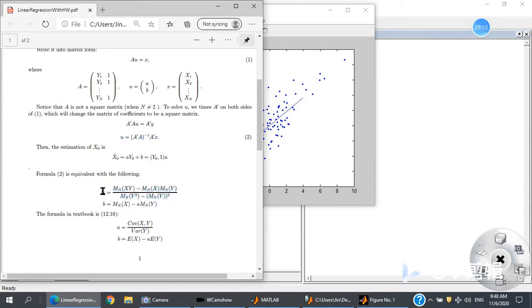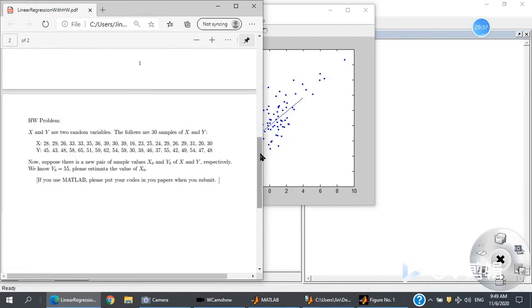Actually, this formula came from, I don't know how many years ago, maybe 100 years ago. That is a time when people did not have computers, and when people wanted to do this kind of estimation, they needed some formula to calculate. So the formula is like this. It's this part. Yeah, this part.